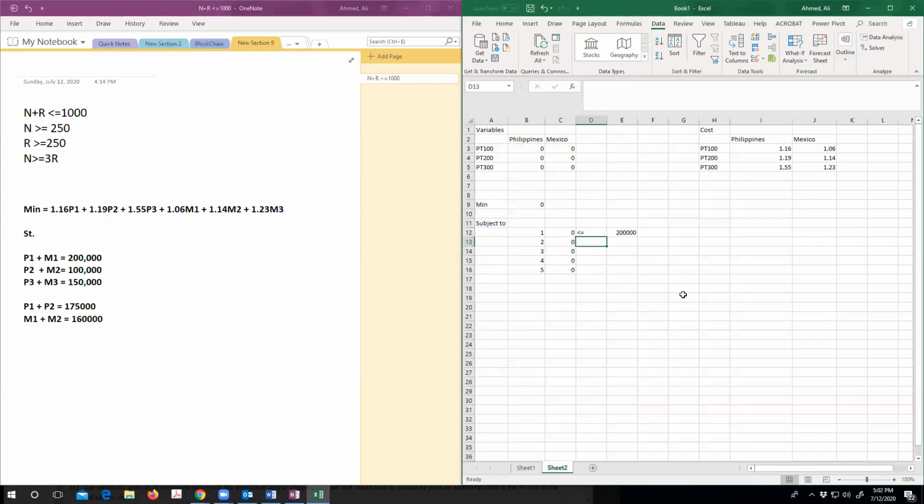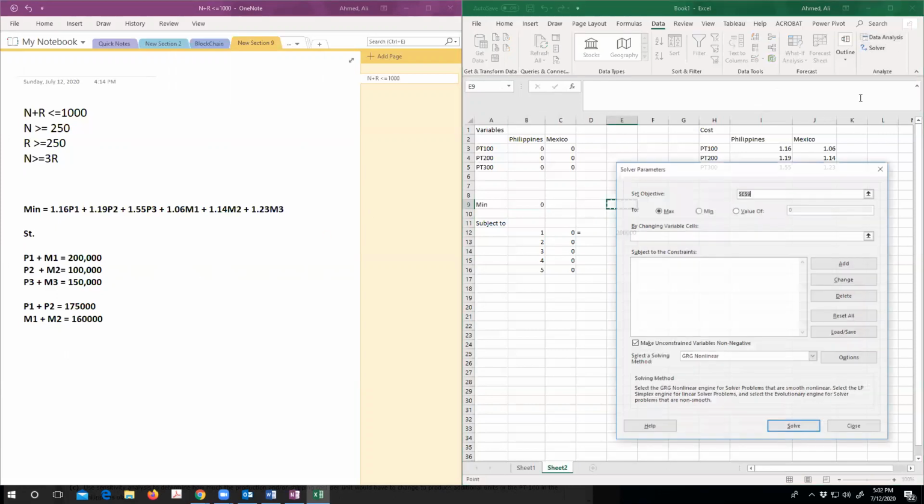I'm not filling in this cell because we can do it in solver. I think that's all the constraints. So let's go to solver.